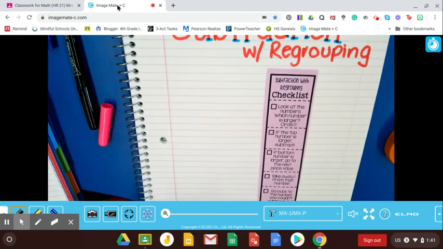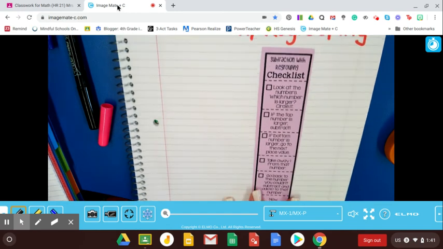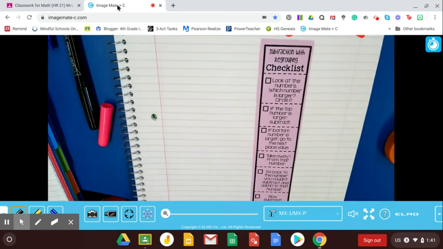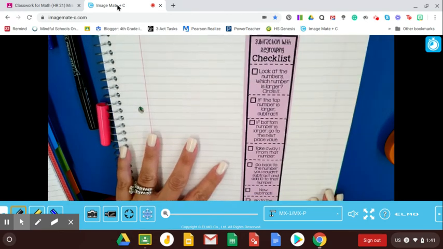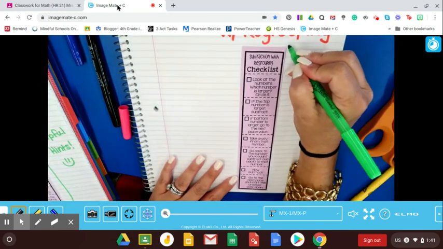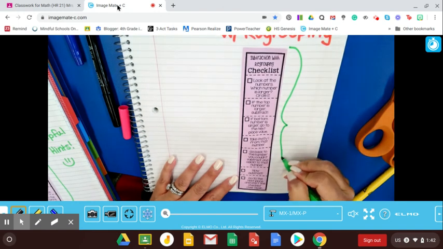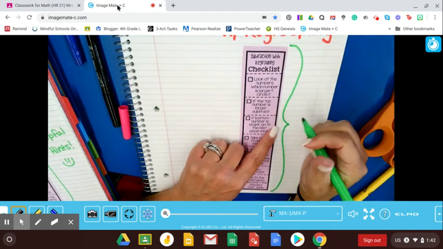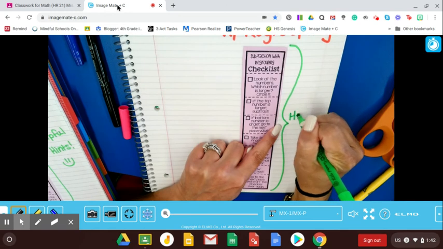And there we go. So this is a checklist to help us remember the steps for subtracting. Little helpful hints, if you will. And so I'm going to draw one of these fancy symbols, a bracket there, and I'm going to write helpful hints.